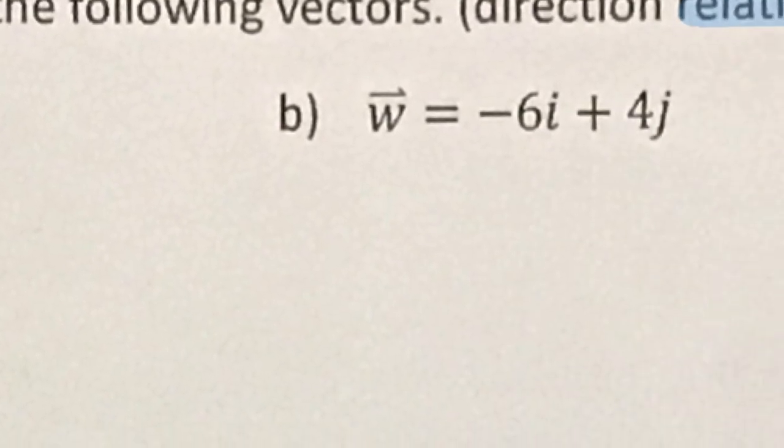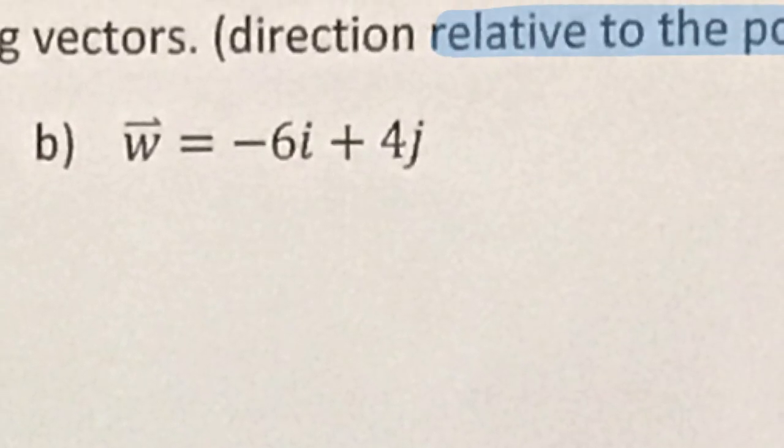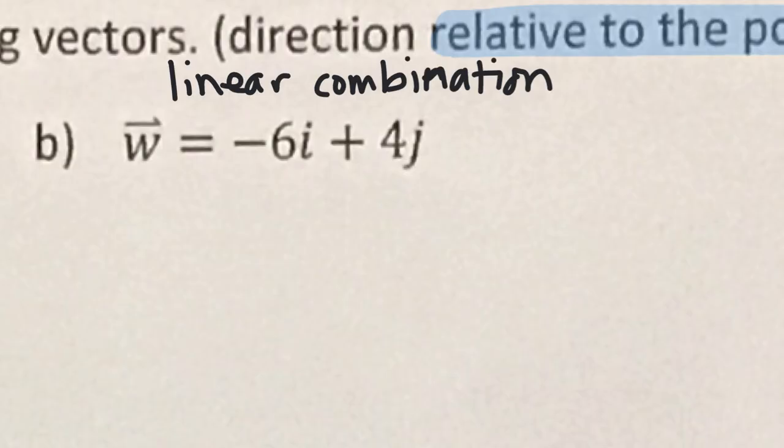What if we have something that looks like this? Okay, this is called a linear combination, which is written more like an equation. But the -6, well, that's still your x component, and the 4 is your y component. So when we draw this on our axes, we're going to go 6 units to the left, right?